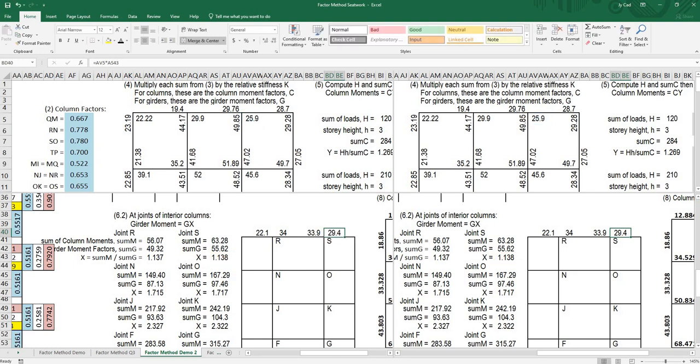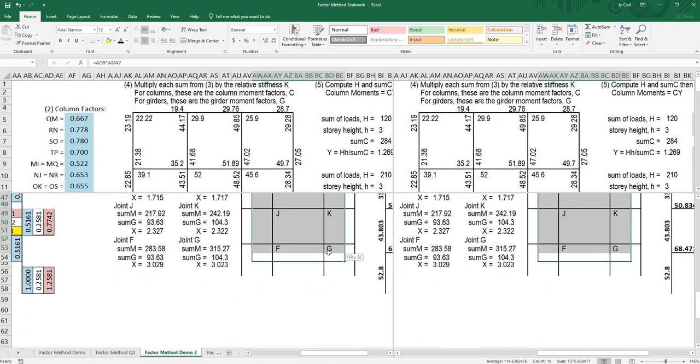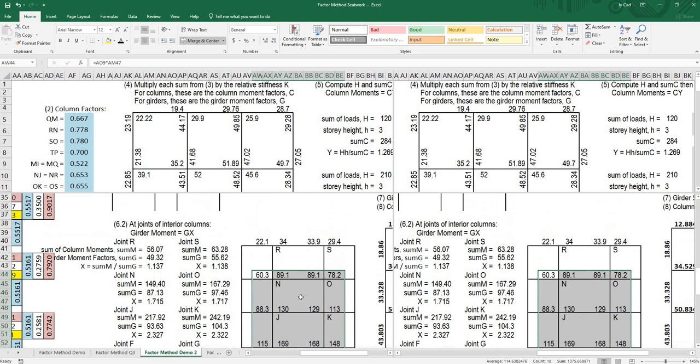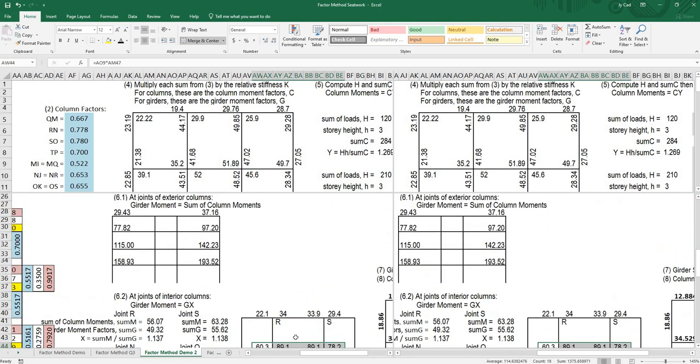And then, dito tayo sa joint N, same procedure. That is 35.2 multiplied by X. So, yan yung mga girder moments. Sa interior columns yan.